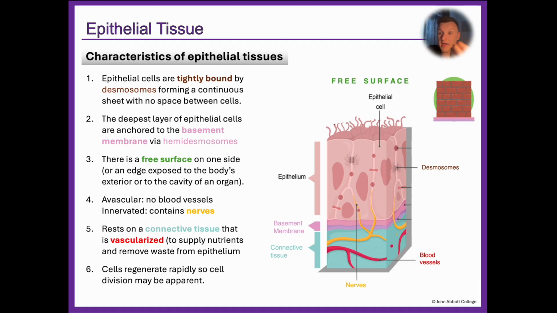The cells are coming off of our skin. Actually, all the dust that's in our house, unless you have an animal with you in your house, is pretty much you sloughing off all of these epithelial cells constantly. So they need to be replaced often. They rapidly divide compared to other cells. So this is important for epithelial tissues. So all epithelial tissues, no matter what we talk about, have these common characteristics.